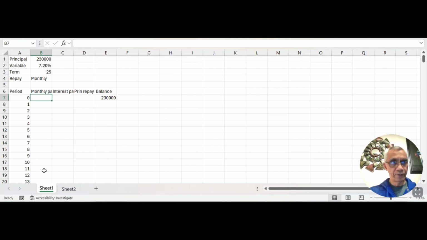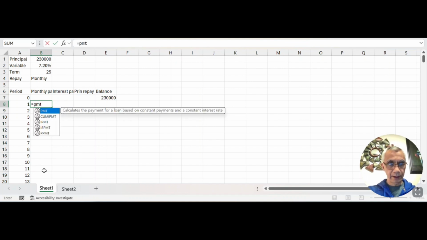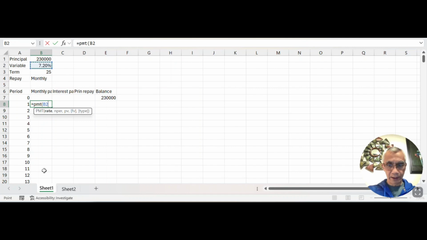Okay, now the formula for monthly payment is equals PMT. The rate is that up there, divide by 12 for monthly. And then the number of periods is that term times 12.